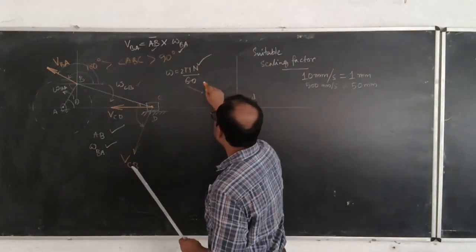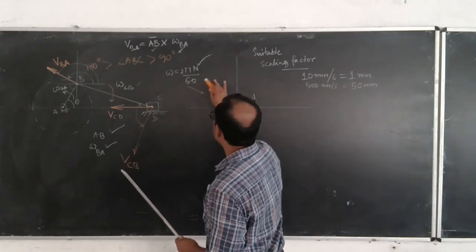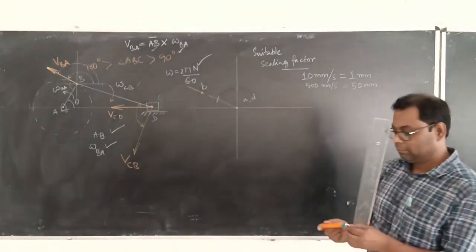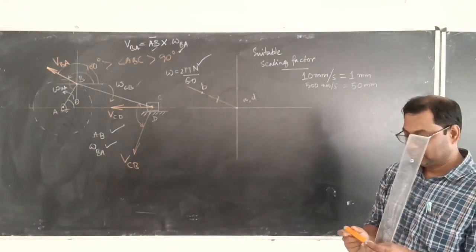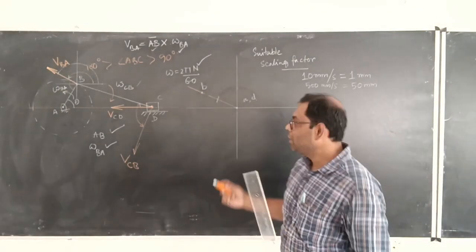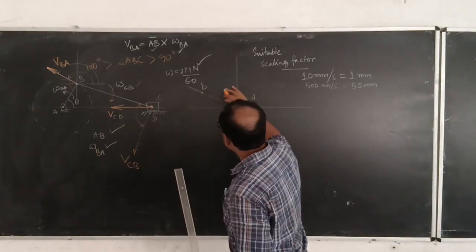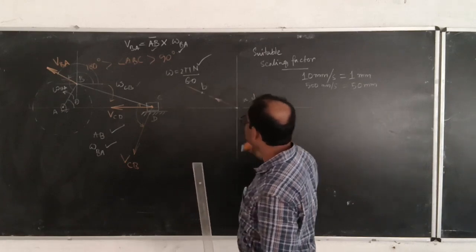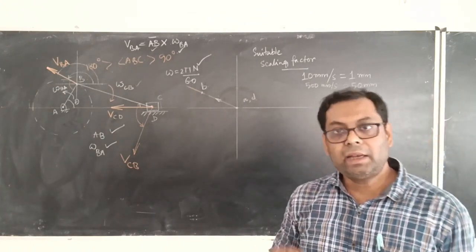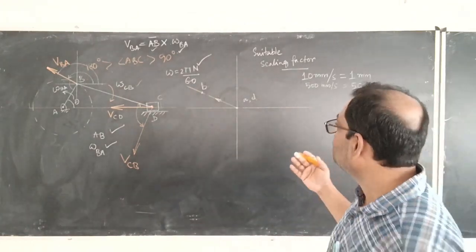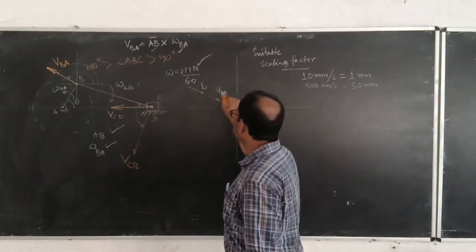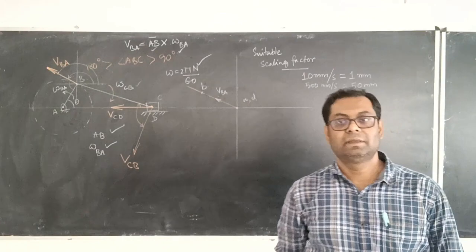The limit is over here, and we call it point B. So this is the length, AB. Now the direction is very important. So this is the direction. So we got the real direction and real dimension of the velocity VBA, something like this. Simple, isn't it?